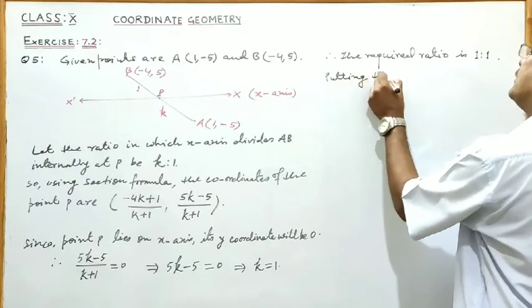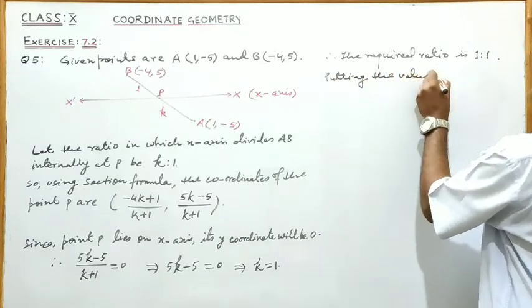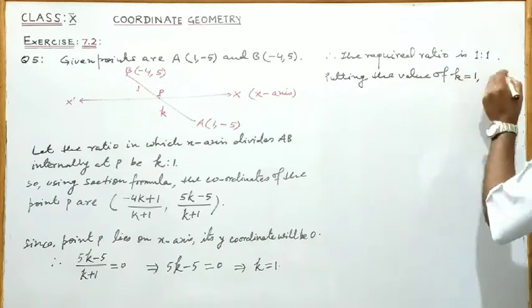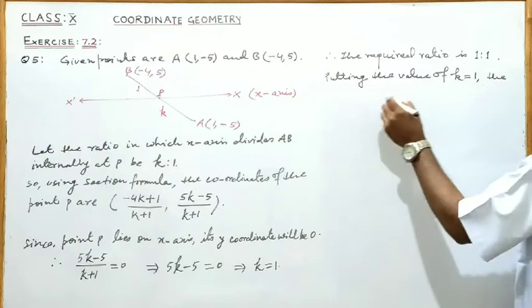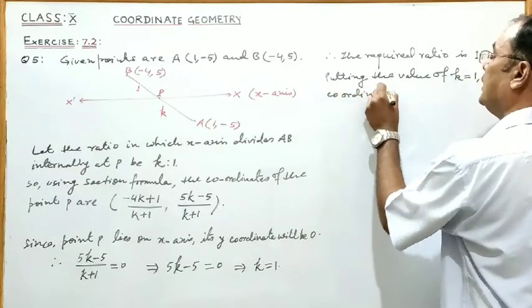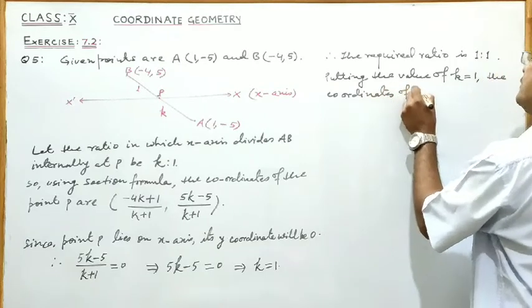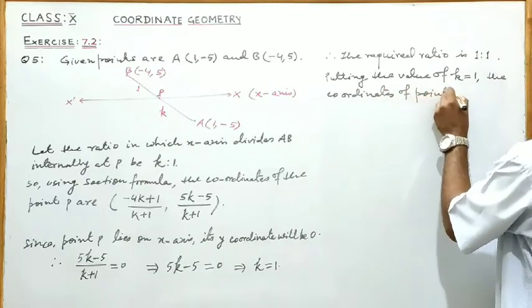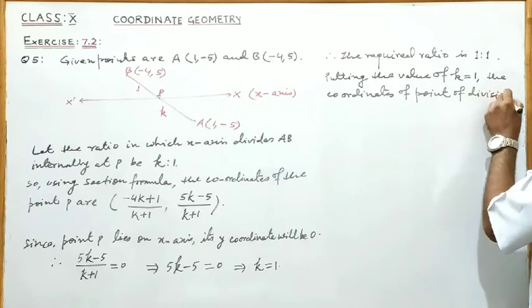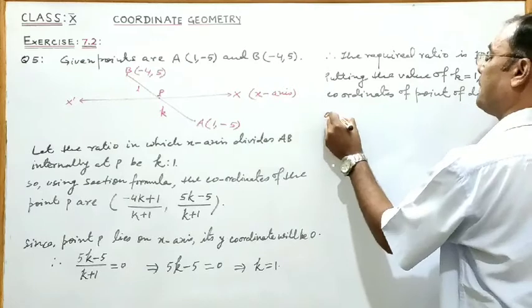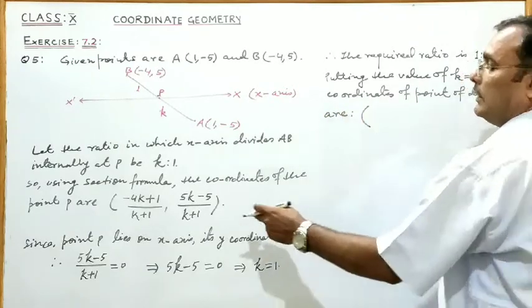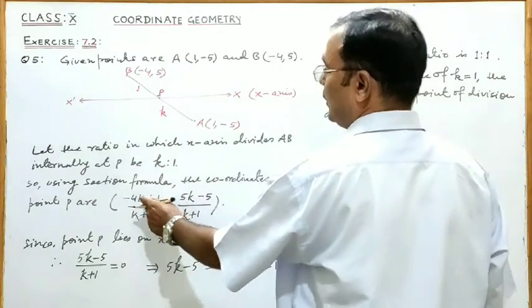So putting the value of k equal to 1, the coordinates of the point of division are, in this expression we have to put k equal to 1.